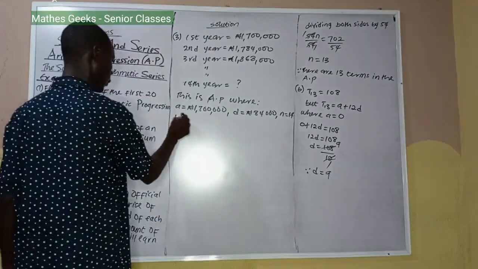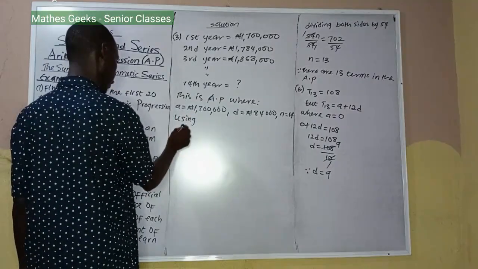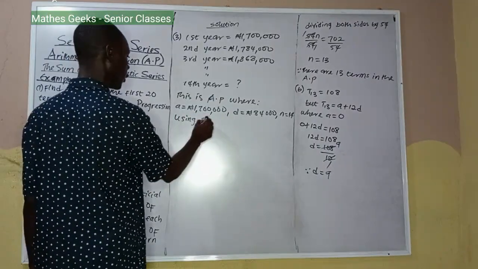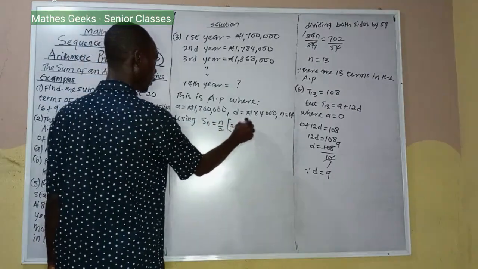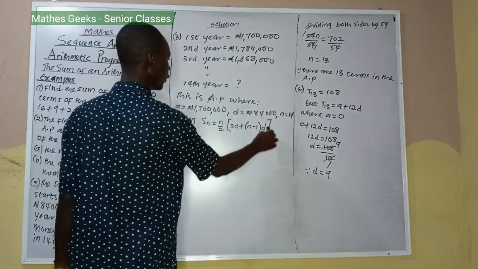So using Sn is equal to n over 2 times 2a plus n minus 1 times d.